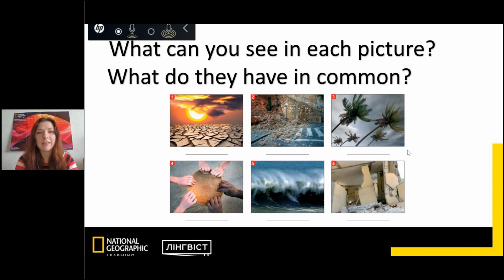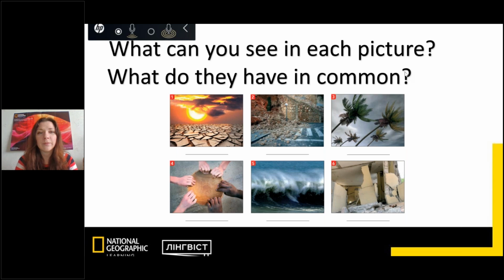Wow, so many teachers here today with us. That would be a nice revision, but for students also, please take part, type the answers to me. They are all showing natural disasters, natural problems, weather conditions.